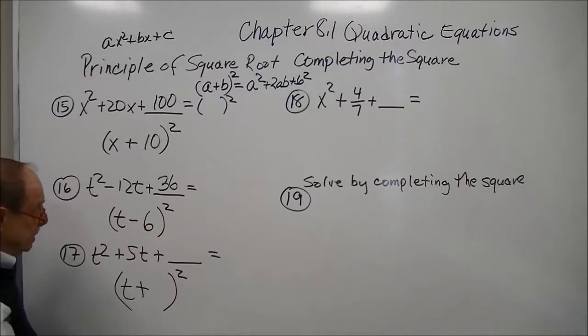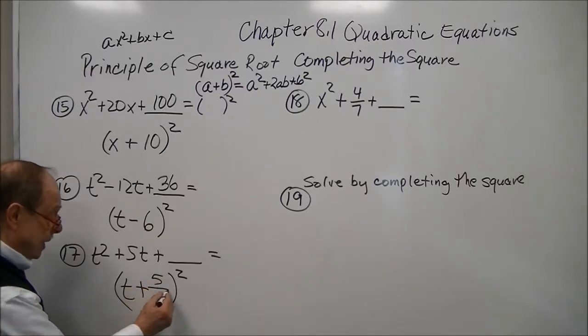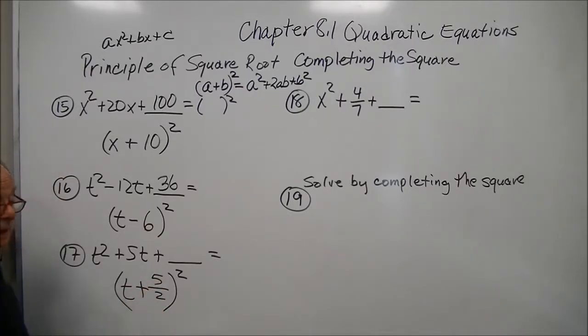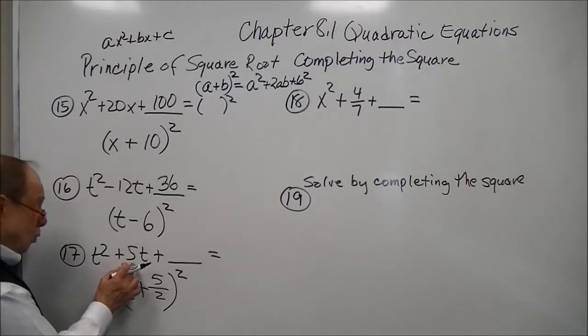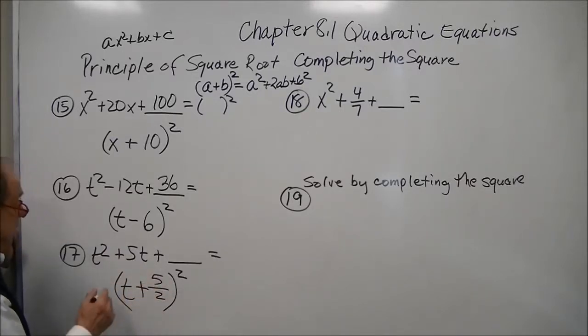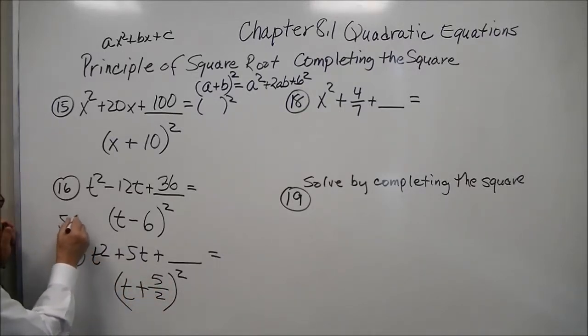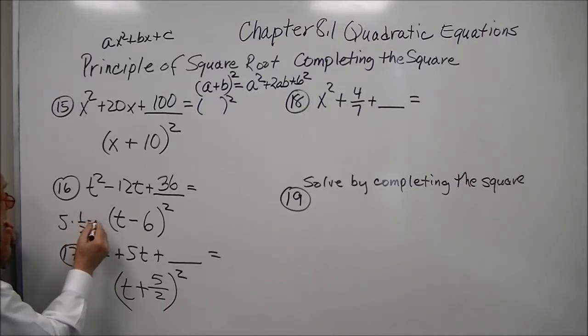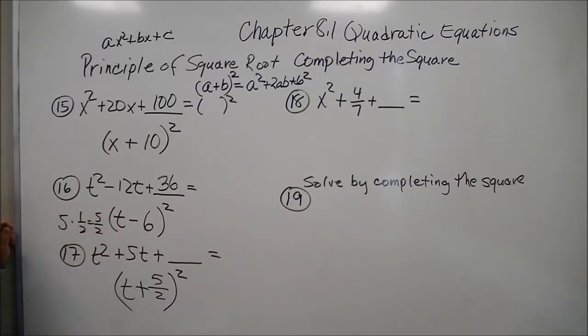And the easiest way to do it is just go 5 divided by 2. Leave it as a fraction. So we're taking 1/2 of 5 is 5 over 2. That is, just multiply 5 times 1/2. And that's 5 over 2.